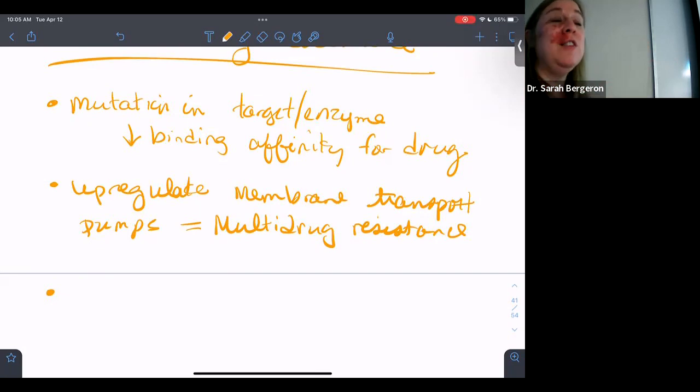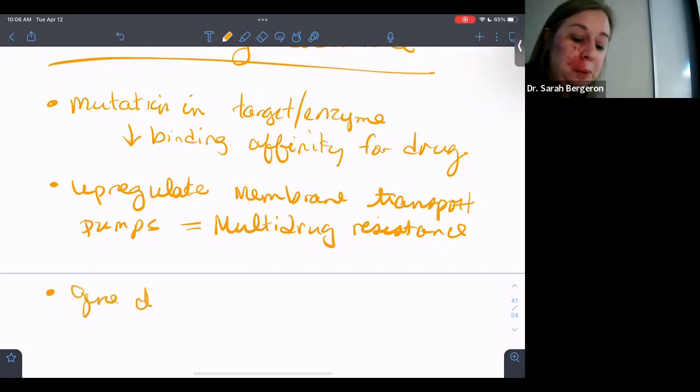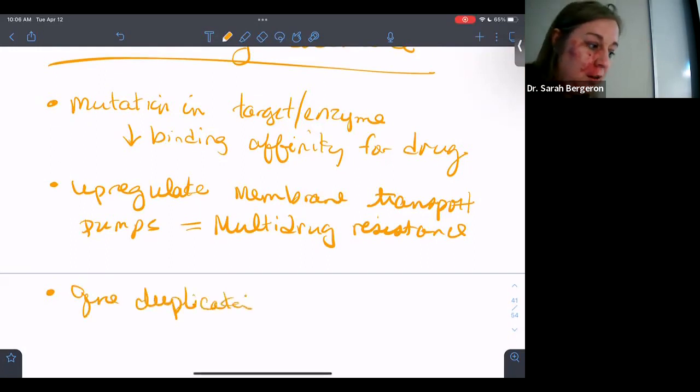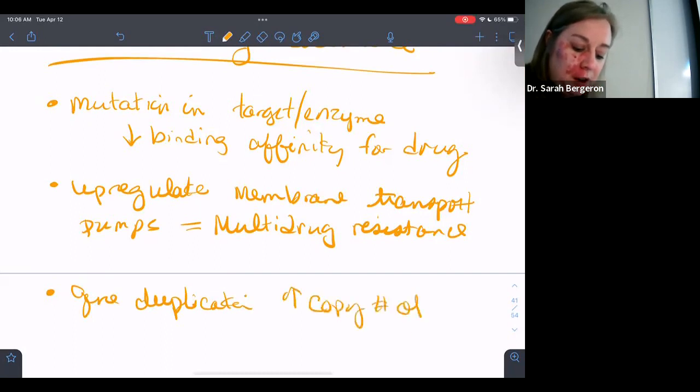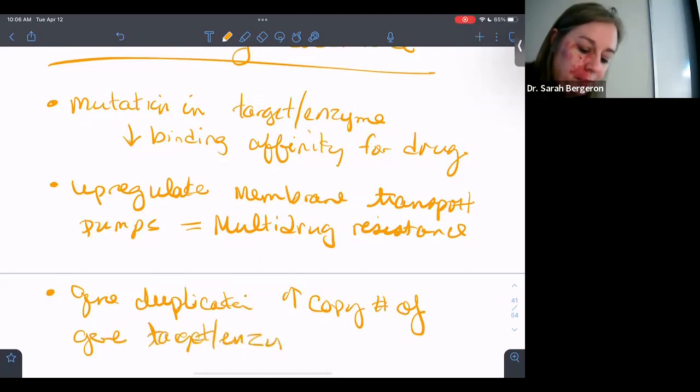So the most effective way to do that is not just to increase transcription. Increase of transcription is not going to be enough. You actually have gene duplication. So you increase the copy number of the gene target/enzyme.